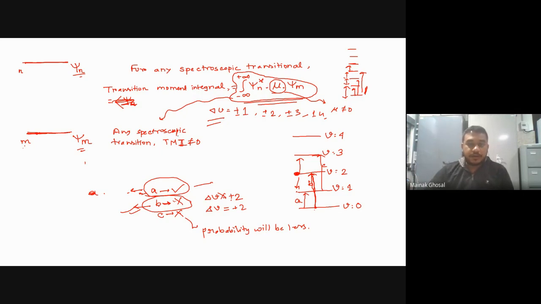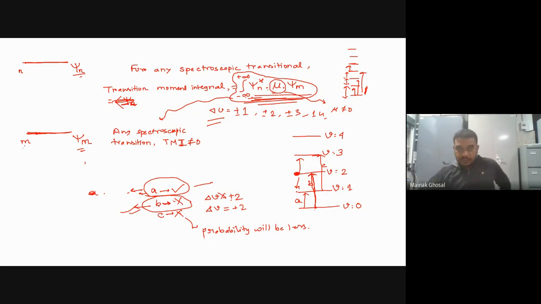Before going to any selection rule about the quantum numbers, delta V, delta J, or delta N, your first thing will be that for any spectroscopic transition, your transition moment integral should be non-zero. If you want to see any derivation, you can see it in any spectroscopic books. But for now, this is the transition moment integral expression.